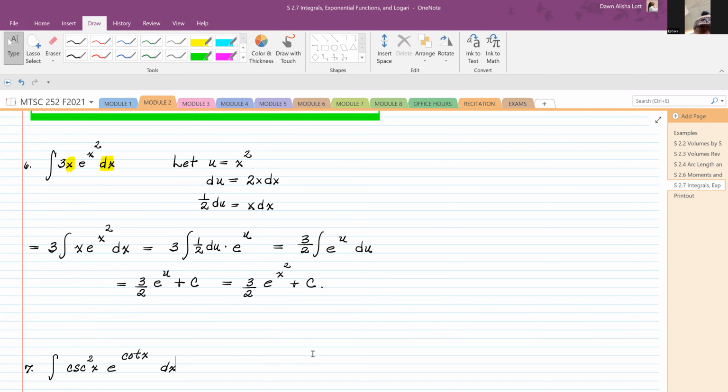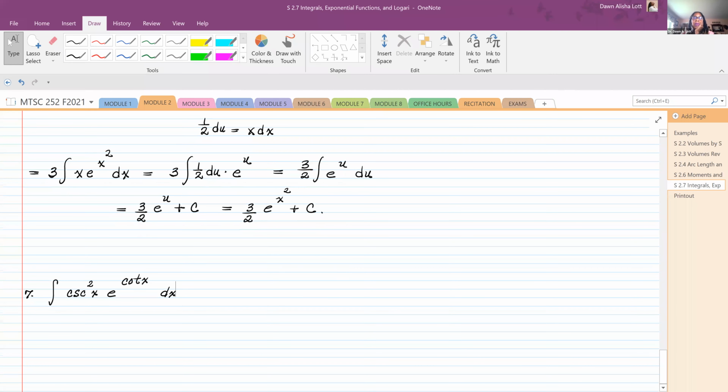Is it going to be the stuff that's highlighted? Oh, no, we're in a different problem. The problem we're looking at right now, we're at number 7. Okay. So I need e to the u. So what's u going to be? Would it be the cot x right there?